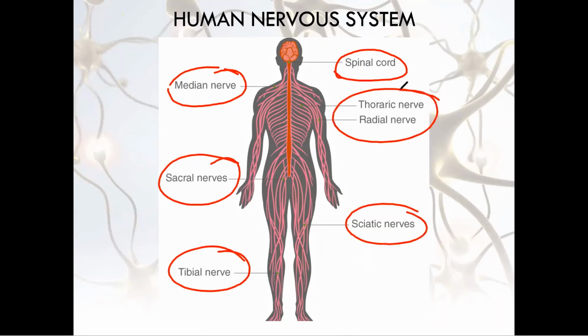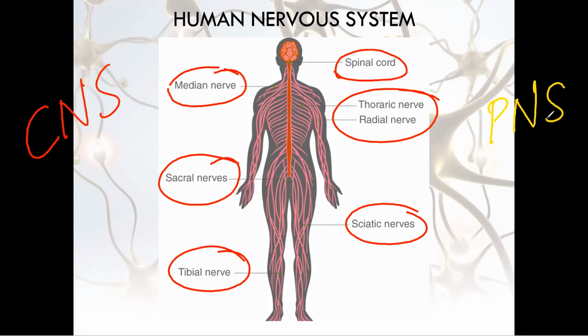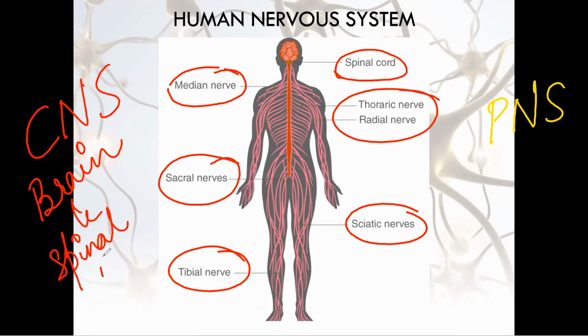So our nervous system is divided into two, CNS and PNS. CNS contains the brain and spinal cord, whereas PNS is made up of nerves.